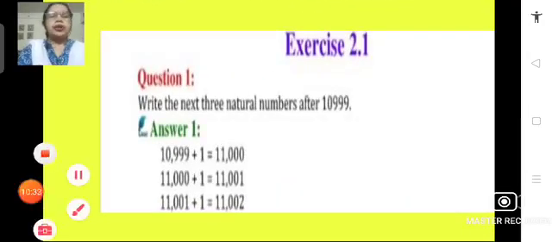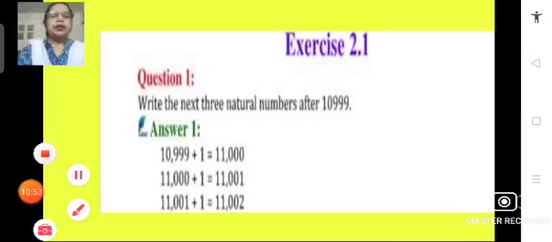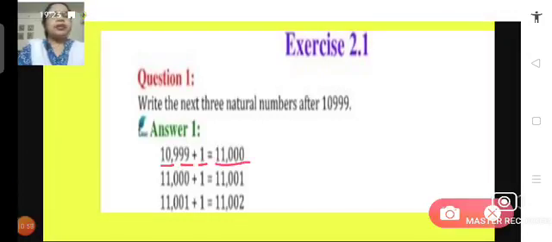Let's start solving the problems of exercise 2.1. So let's see what is question number 1. We have to write the next 3 natural numbers after 10,999. To get the next natural numbers, that means successors, what do we do? We add 1 to the number. So 10,999 plus 1 becomes 11,000.